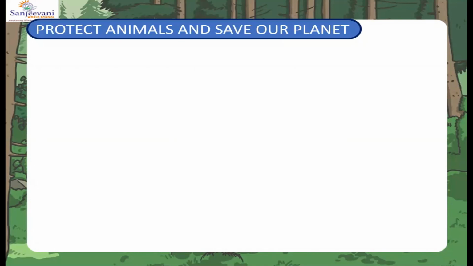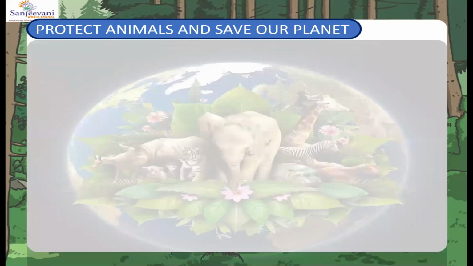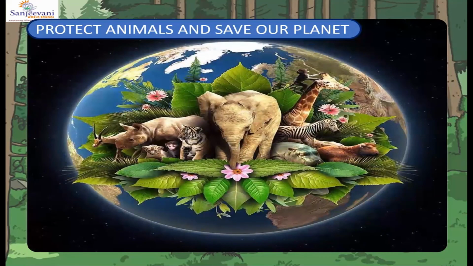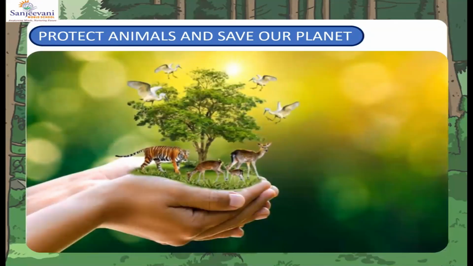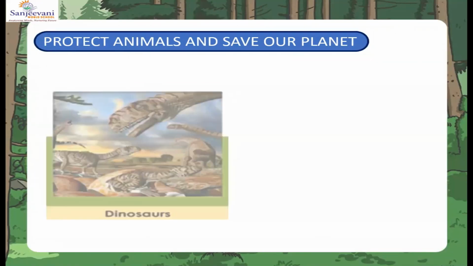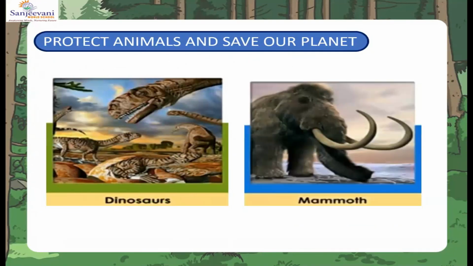Protect animals and save our planet. Like humans, plants and animals also play a significant role to maintain the balance in nature. Animals such as dinosaurs and mammoths are now extinct because they could not adapt to the changing environment.